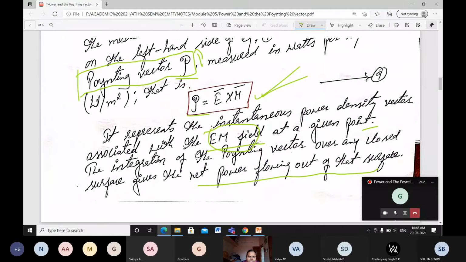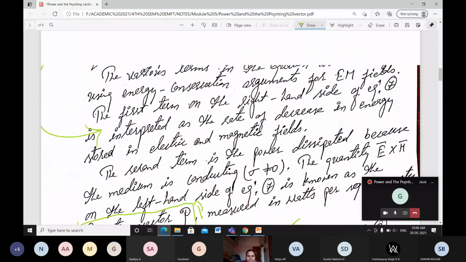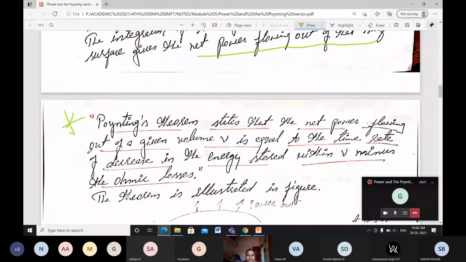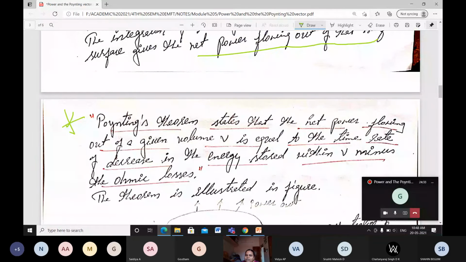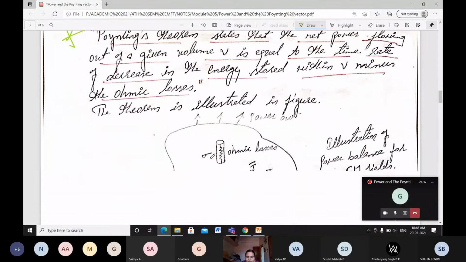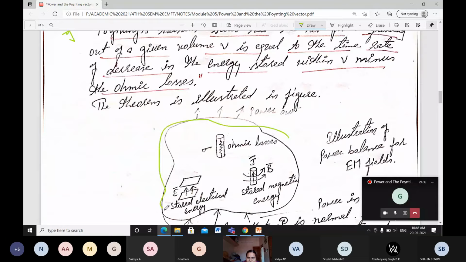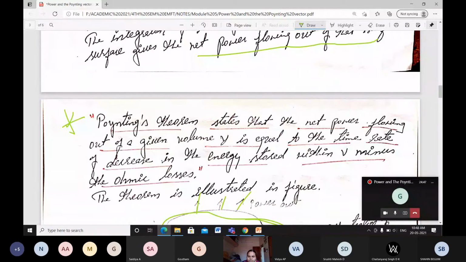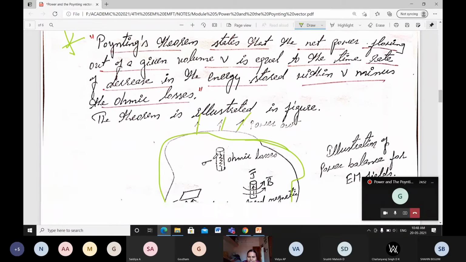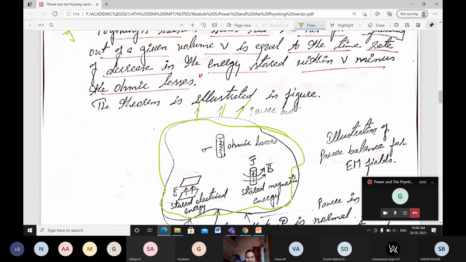The same thing here is representing the Poynting theorem. Again, I will repeat: the Poynting theorem states that the net power flowing out of a given volume V is equal to the time rate of decrease in the energy stored in terms of the electric and magnetic field energy within V, minus the ohmic losses.